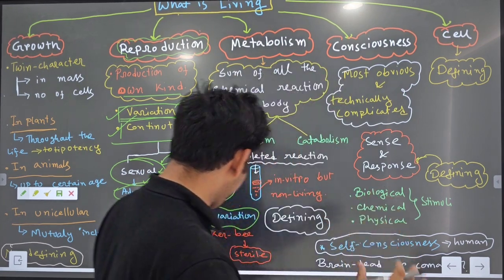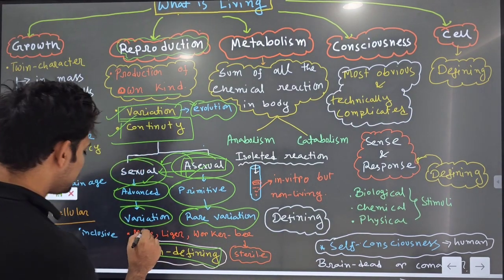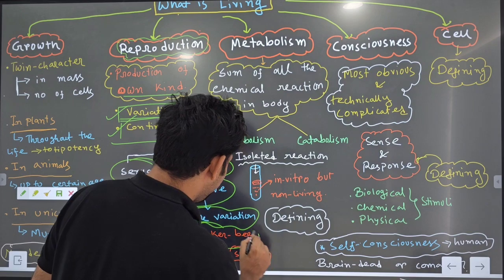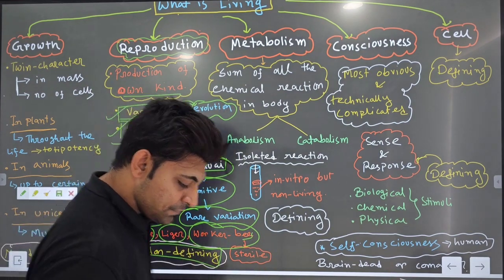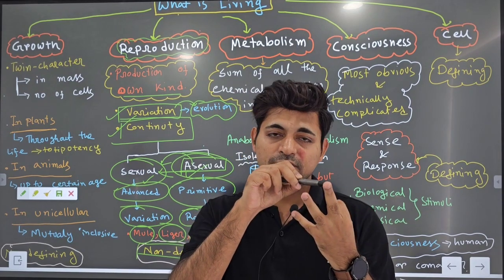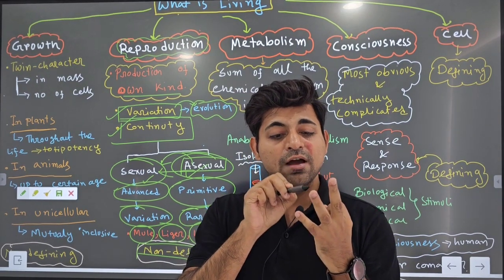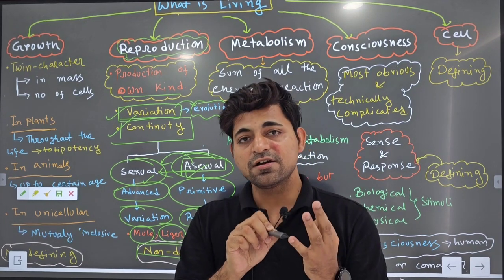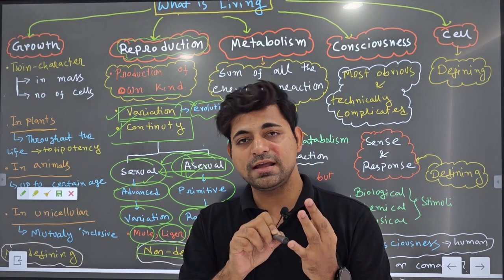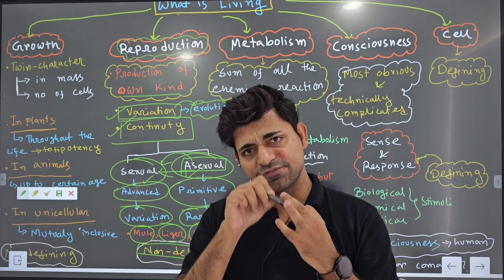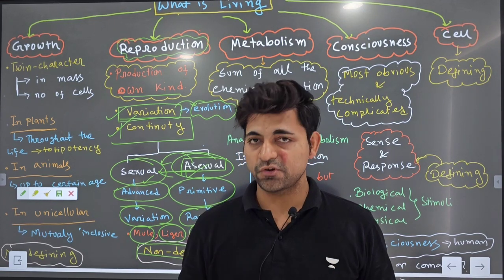And there are certain organisms like the mule, the liger, and worker bees in a honeybee colony. If you see, there are three castes: queen bee, which is a fertile female; worker bees, which are infertile females; and thirdly drones, those who are fertile males. So these worker bees, they're female but unable to produce new progeny.